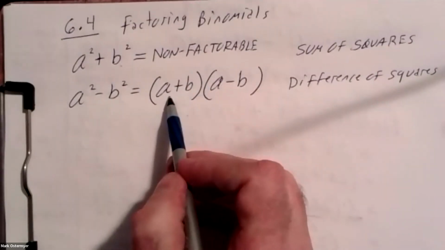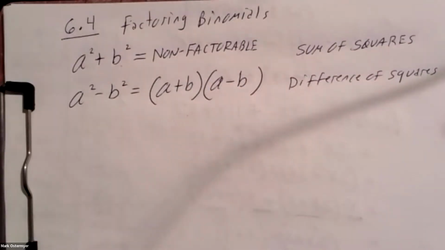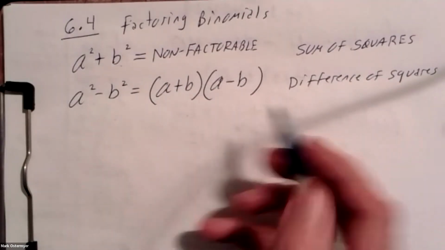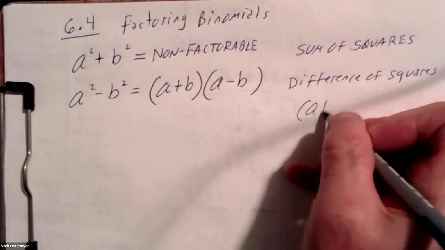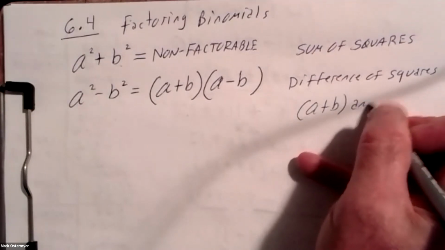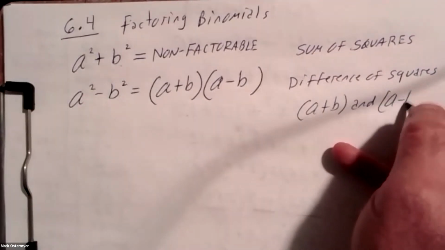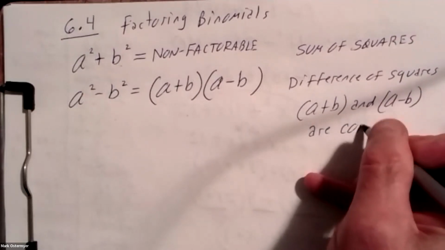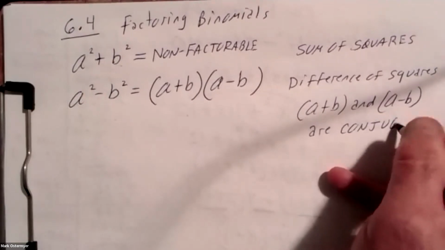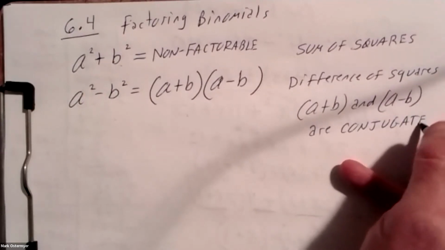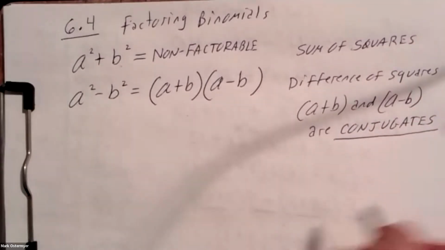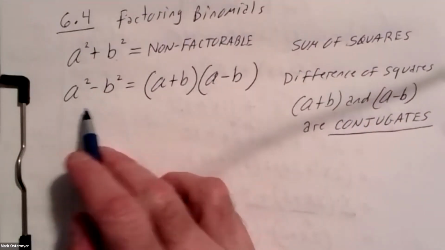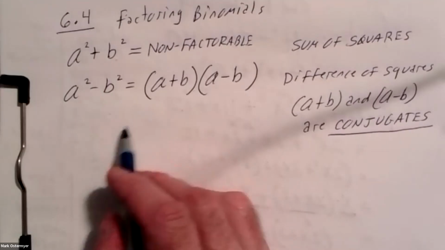Notice it factors into binomials that differ only by the sign in between the terms. Because of that, we refer to a plus b and a minus b as conjugates of each other. So that's the difference of squares.